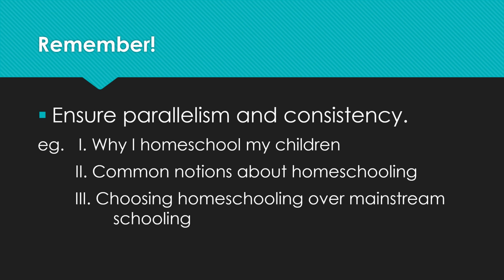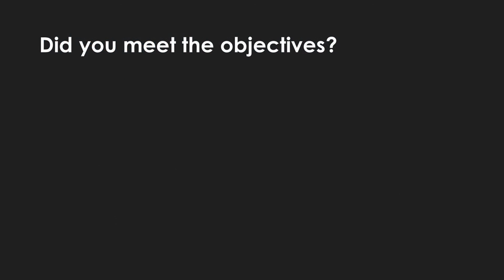So if you want to stick with WH, you have why I homeschool my children, what people think about homeschooling, and part 3 you can use why homeschooling is chosen over mainstream schooling, something like that. Okay, just make sure they're parallel.